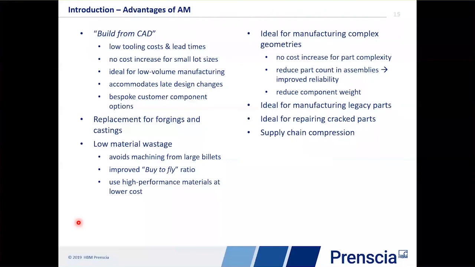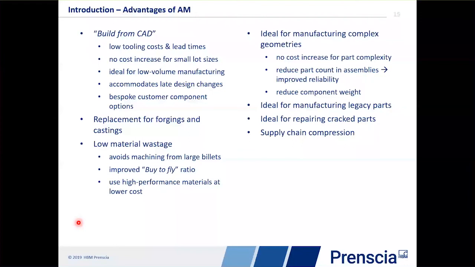In particular, it has low material wastage, so it avoids us having to machine from a large billet of material. In aerospace, we call it an improved buy-to-fly ratio. That's basically the ratio between the weight that's flying on the aircraft compared to the weight of the raw material we had to buy to manufacture that component.